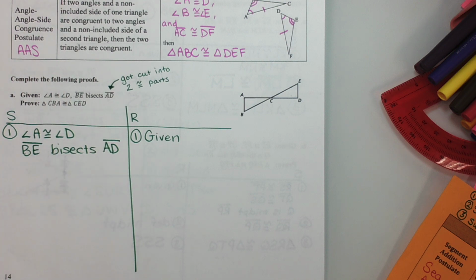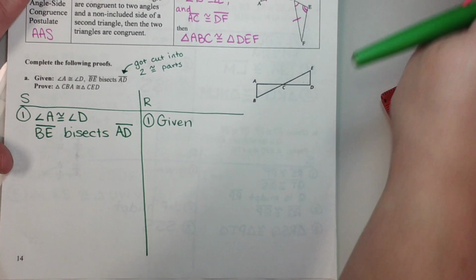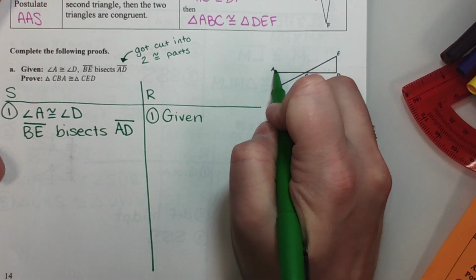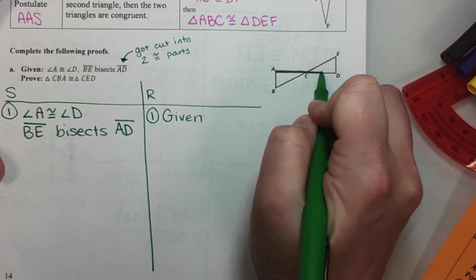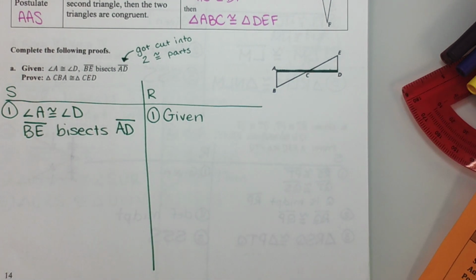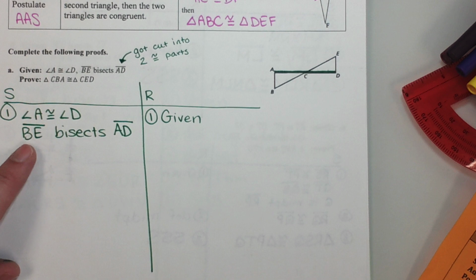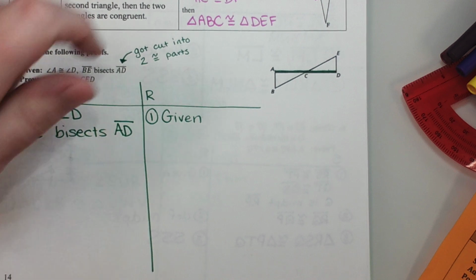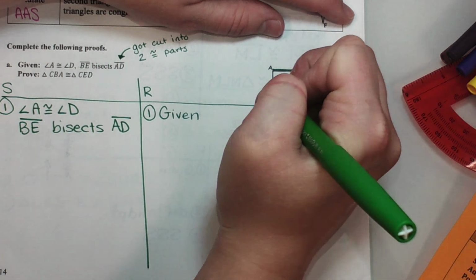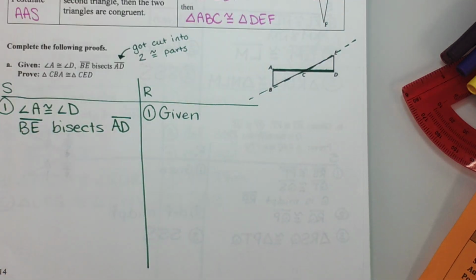So that's the thing I'm focusing in on. I'm focusing in on AD in this picture. AD's right here. The other thing, in this case the BE that's in the word bisect, that's like the knife. This knife came through, chopped it into two congruent parts.